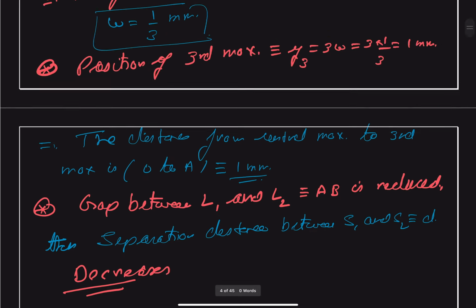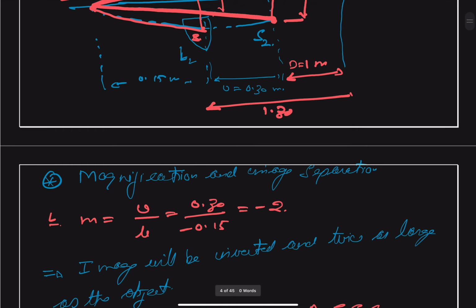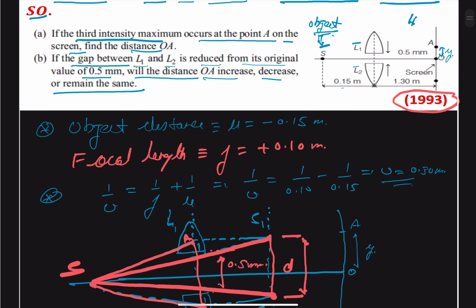Okay, one second, what was asked? I forgot. Okay, it asks what happens to the distance OA. It means what happens to the third fringe position.